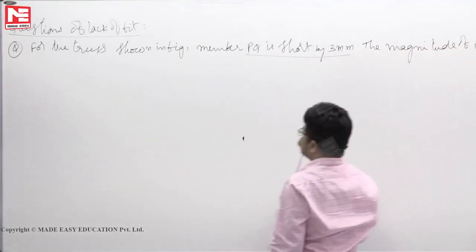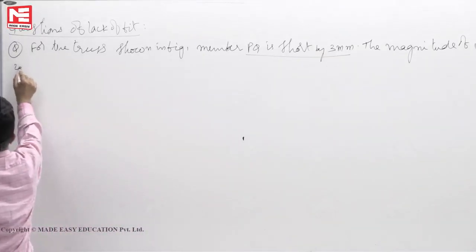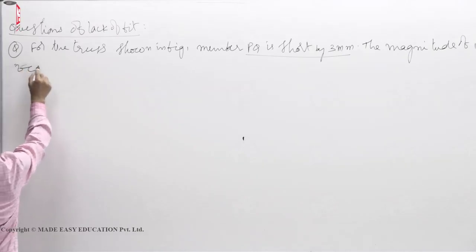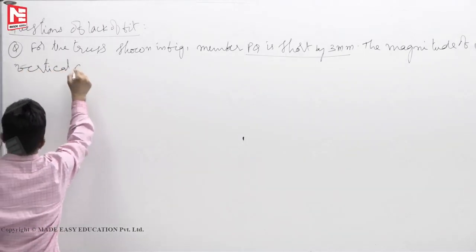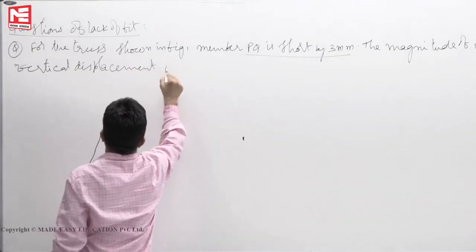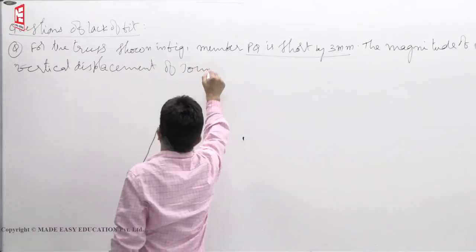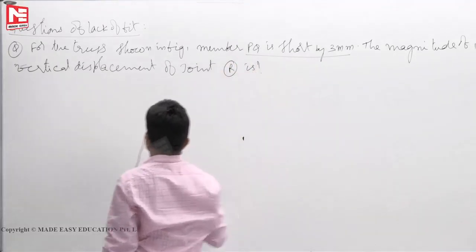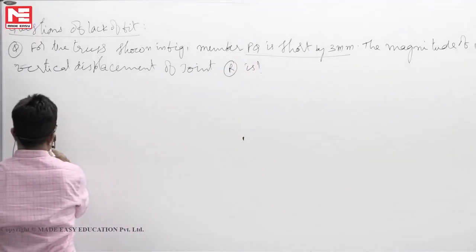The magnitude of vertical displacement of joint R is. Now this is the question.